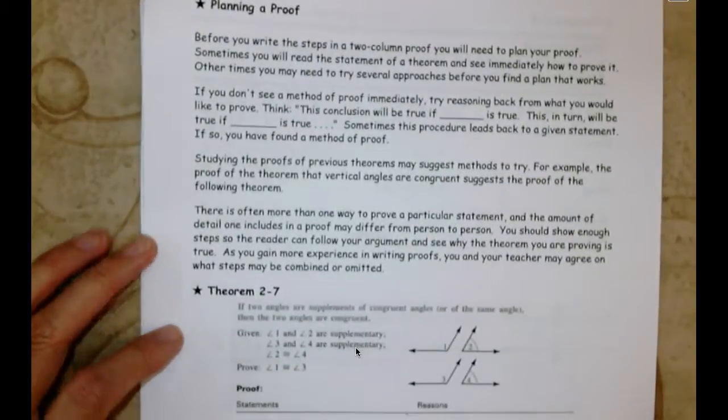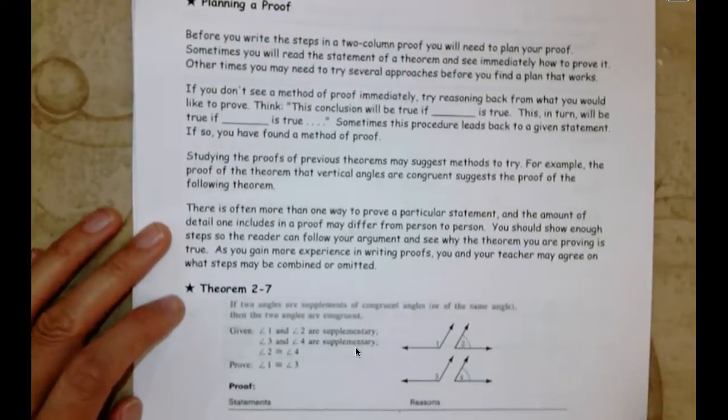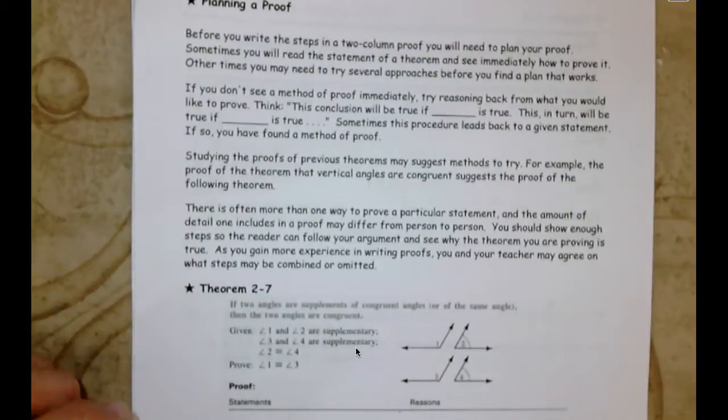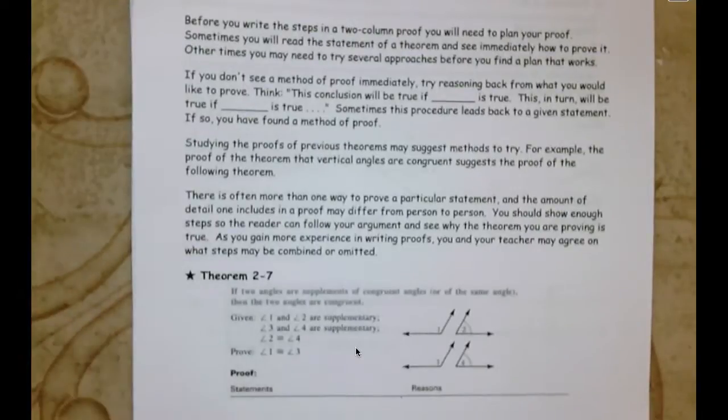There is often more than one way to prove a particular statement. That's true. There are more than one way to prove a proof. And as long as it's correct, all are correct. So there is not just one correct answer. The amount of detail one includes in the proof may differ from person to person. You should show enough steps so the reader can follow your argument and see why the theorem you are proving is true.